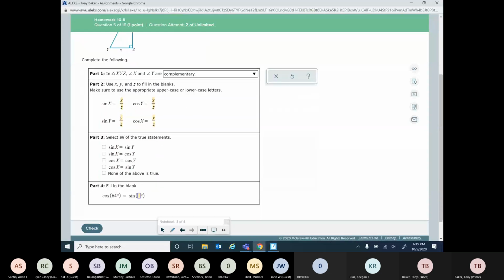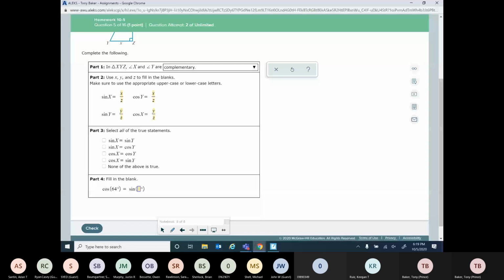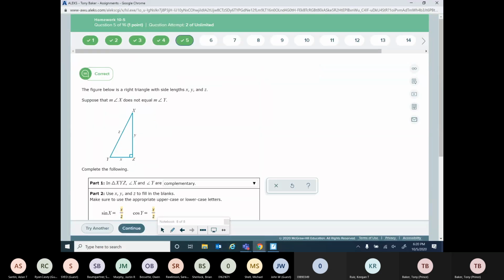So then we just mark which ones are the same: sine of x and cosine of y, and cosine of x and sine of y. And if it's 64, the complementary angle would be 26. It's all going around complementary angles.